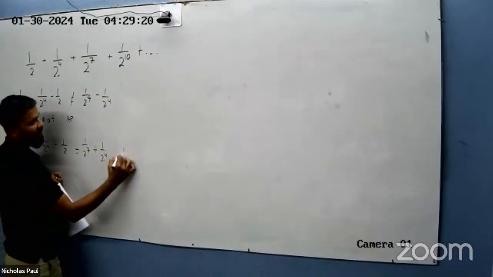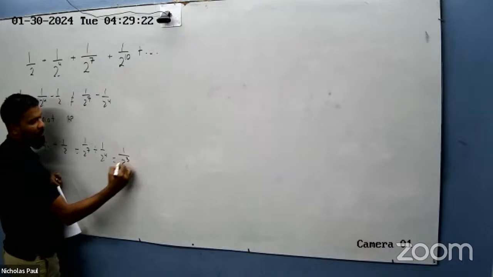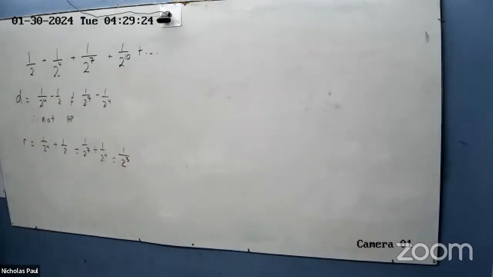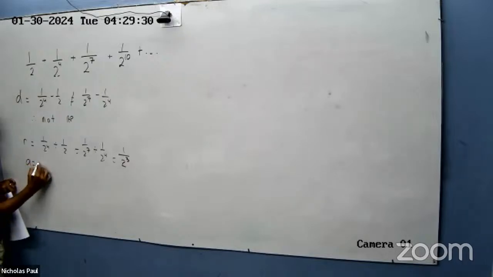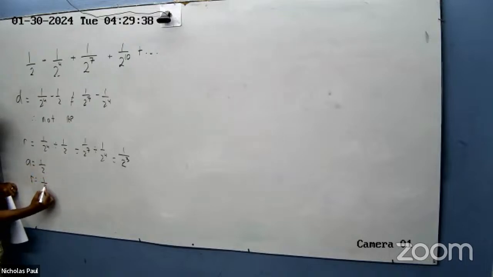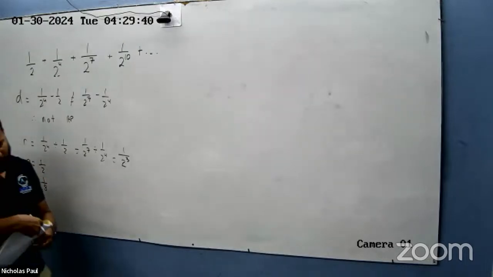So I am getting 1/2 to the power of 3. That's okay? So therefore, we know A and we know R. That's 1/8, right? Okay, that's 1/8.